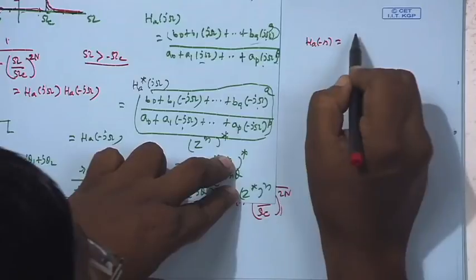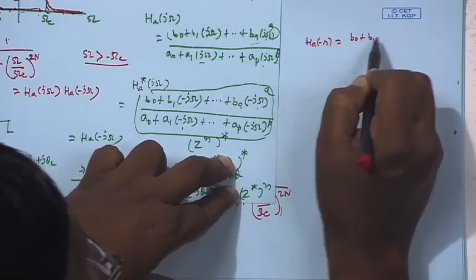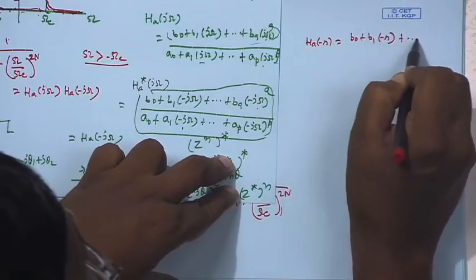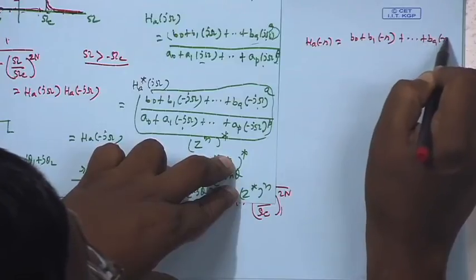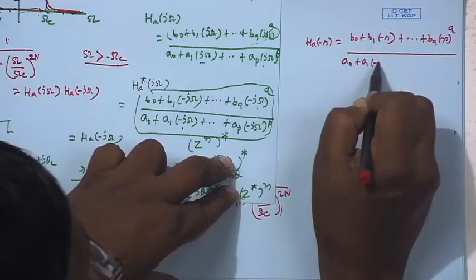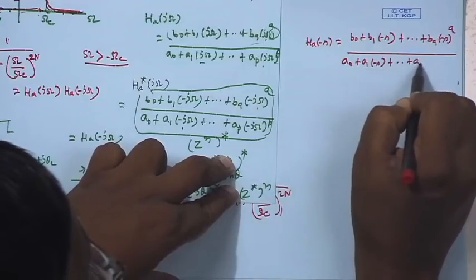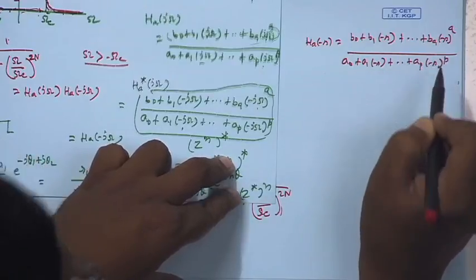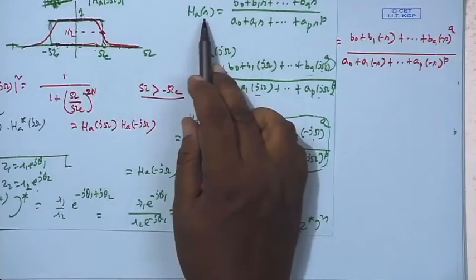So, wherever I have s, it becomes minus s: b 0 plus b 1 minus s, dot dot dot, b q minus s whole to the power q, divided by a 0 plus a 1 minus s. Right. H a s I had, I am just replacing s by minus s.